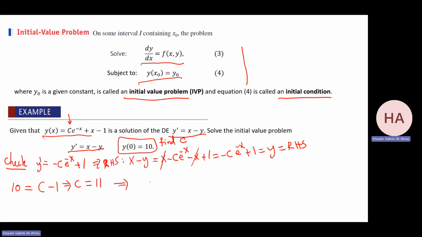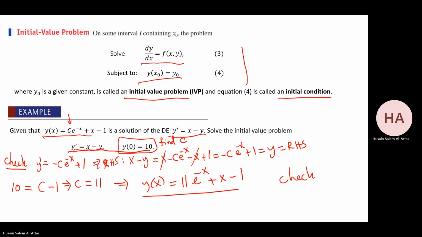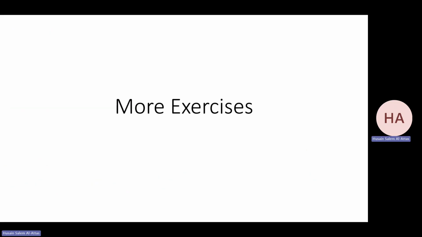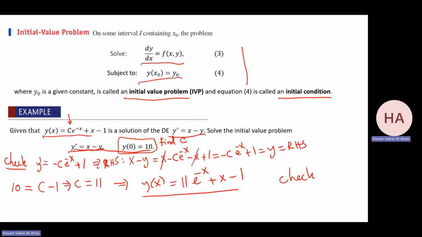So that means my solution for this initial value problem, the differential equation and the condition, is 2 e to the minus x plus x minus 1. It's easy to check. This function satisfies both the differential equation and the condition. So if you ask me how to find the c, just apply the condition. That's mainly what we have in this section.